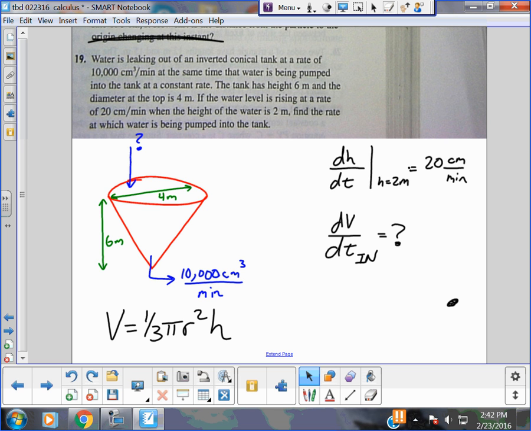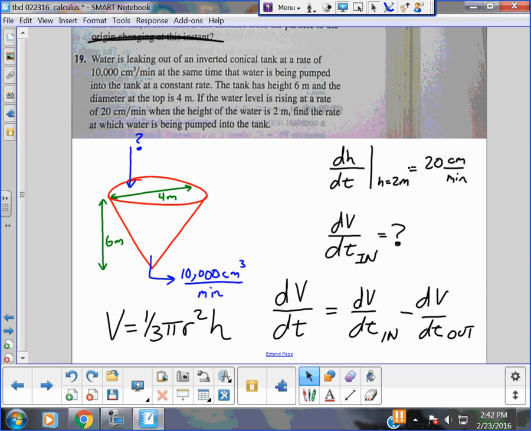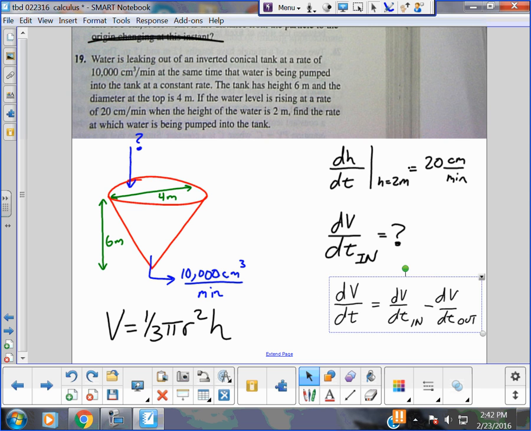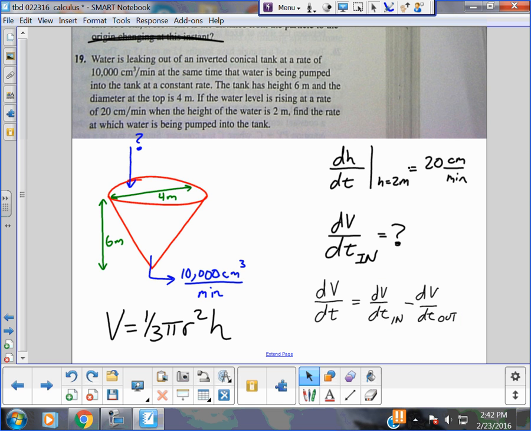It's not just water going in. It's water going in and out, right, guys? So when we find dV/dt, does everybody agree it's in minus out? There's pumping water in, there's water leaking out. Not a big deal, but we're going to realize this fact for the end and deal with it, okay? Because they just want in, and I'm going to find dV/dt for the situation.